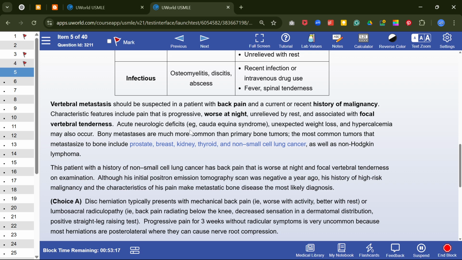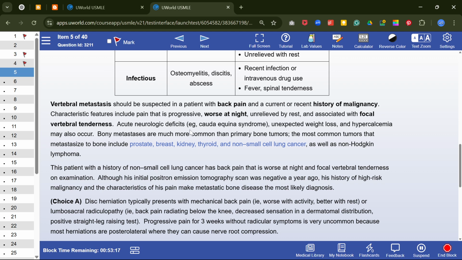The most common tumors to metastasize to bone include prostate, breast, kidney, thyroid, non-small cell lung cancer, as well as non-Hodgkin lymphoma. This patient with a history of non-small cell lung cancer has back pain that is worse at night and focal vertebral tenderness on examination.